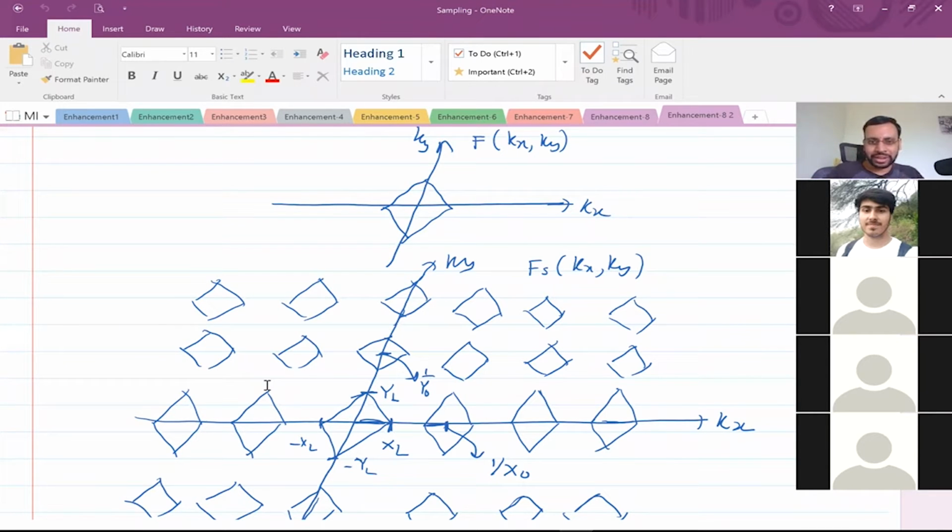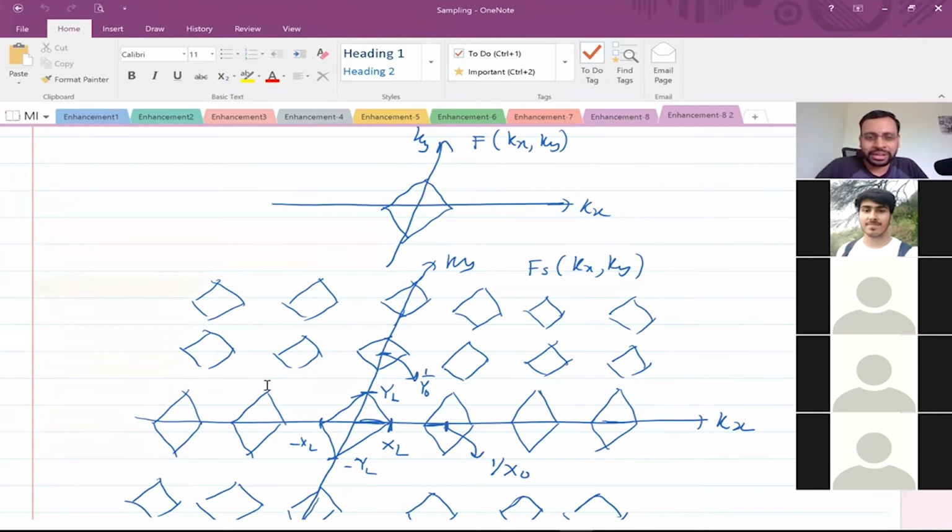Even if the weights along y change, we can't ultimately recover the original signal anyway. That's right. So that is why we should not have aliasing happening in any of the directions.